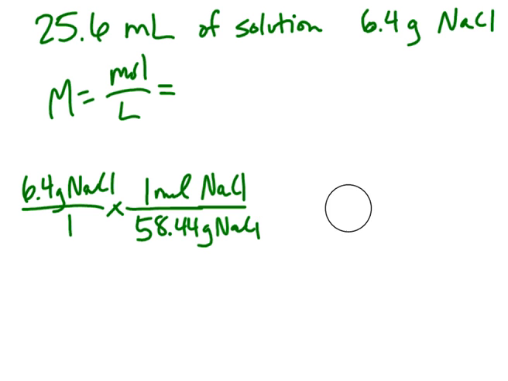That's the end of the road because I have my moles. 6.4 divided by 58.44 equals, with 2 sig figs, 0.11 moles.